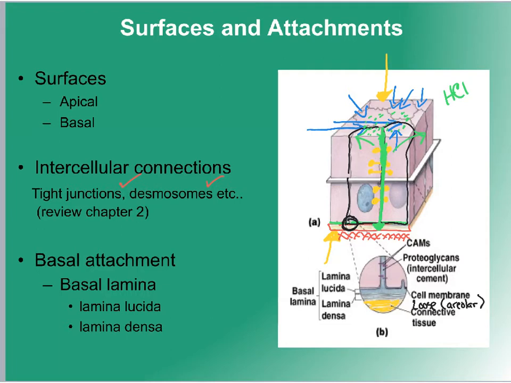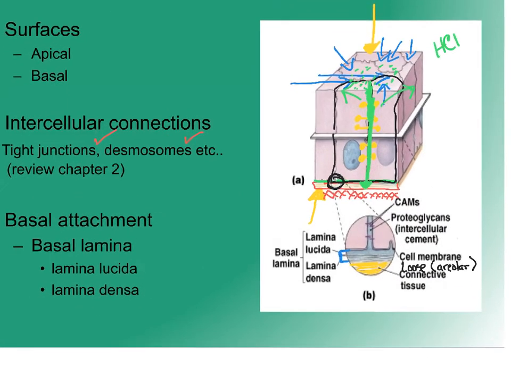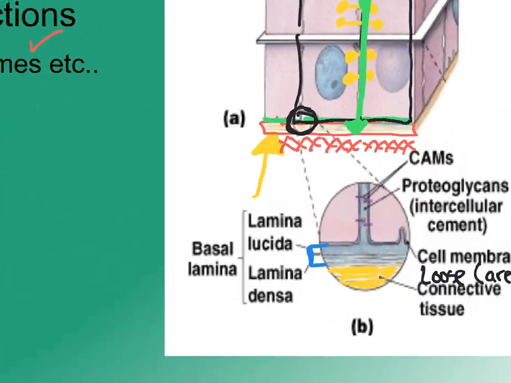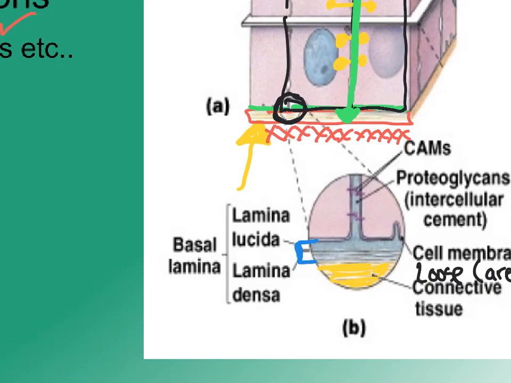The cells are anchored by what we call a basal lamina. And that's this bluish structure that you see here. The basal lamina has two layers to it. Let me just expand this so it's easier to see. The first layer is what we call lamina lucida. I'll just write a 1 there.